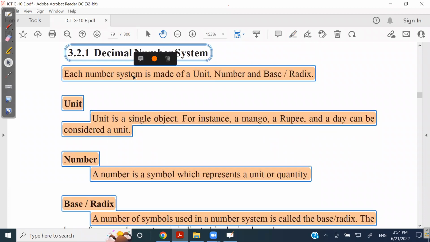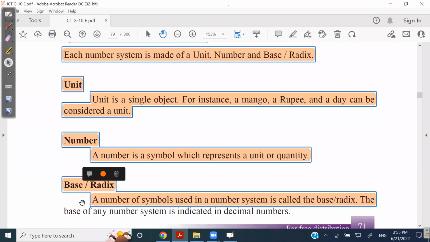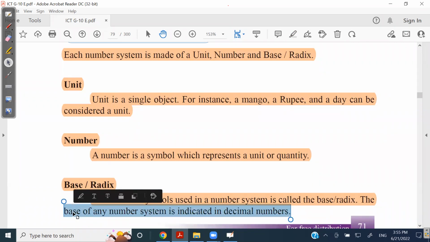Each number system is made of unit, number, and base or radix. Then you write about the definitions that they have given. You don't need to write any specific topic regarding that, just write it under the table. I think the table is the one that you have written as the last content. So continue with these things.